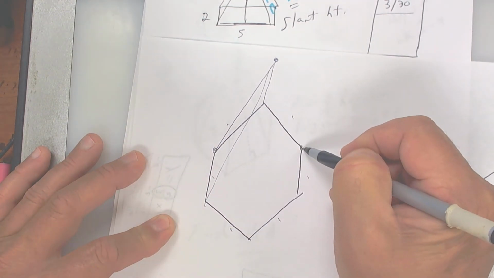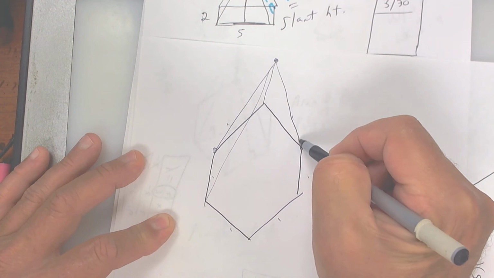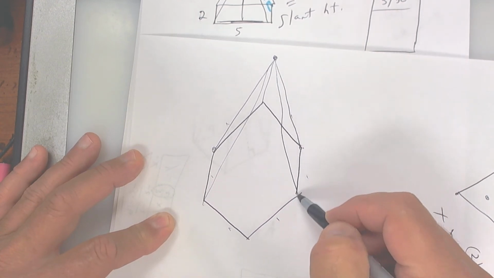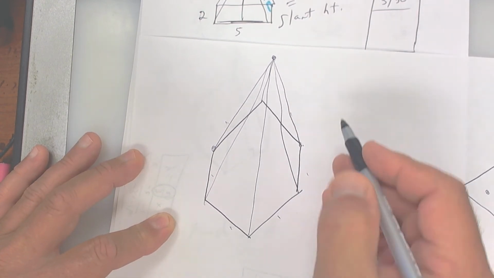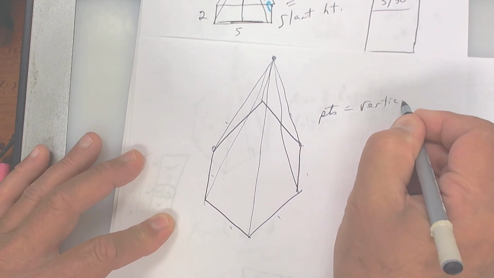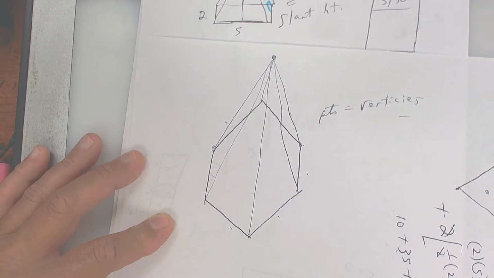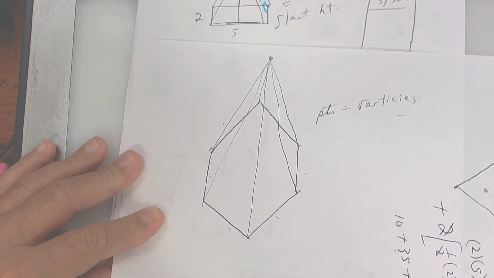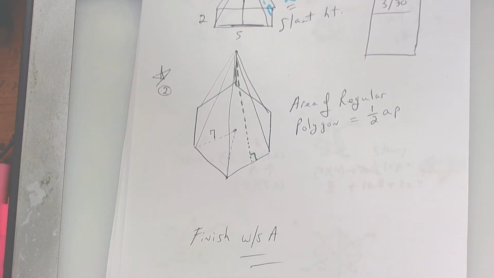These points are called vertices. Say that to yourself and write this down. Points equals vertices. Need to know that? All right, so let's take a look here. Let's go back to my diagram.